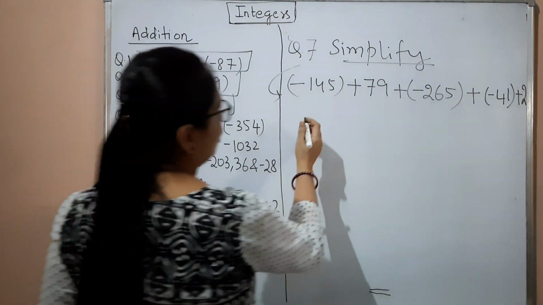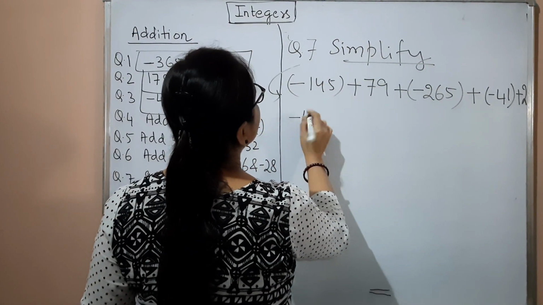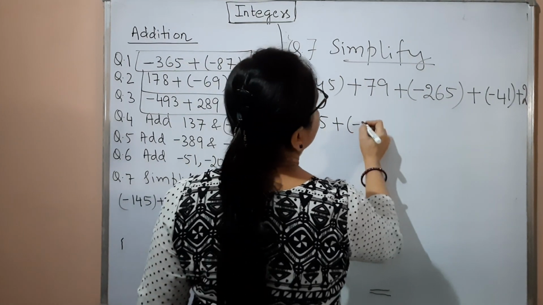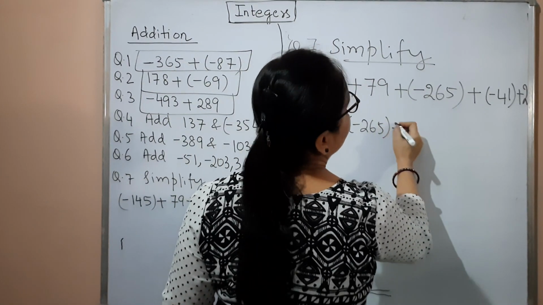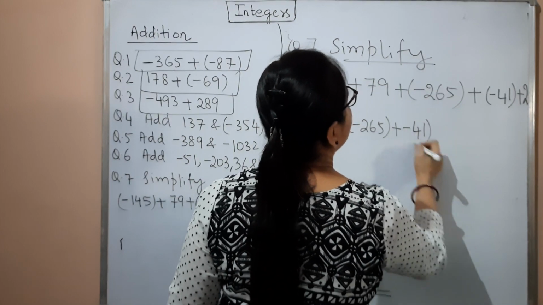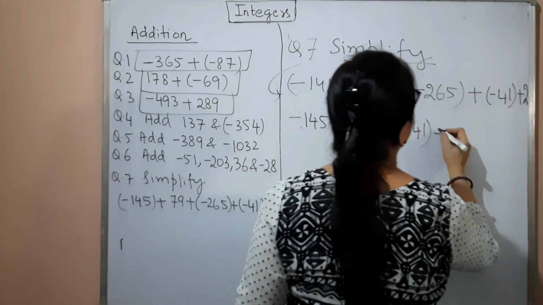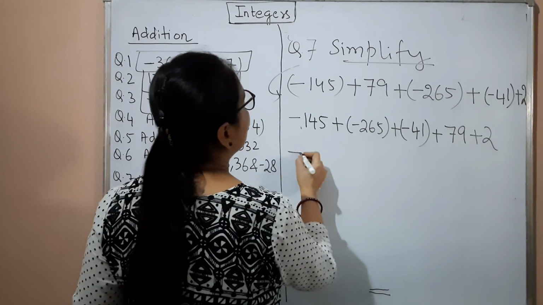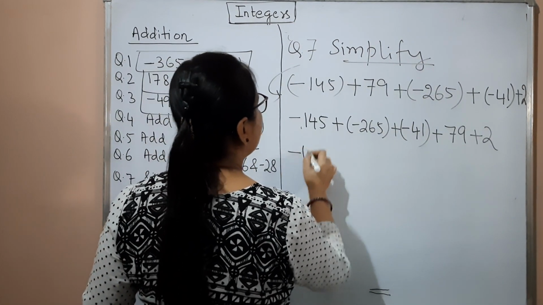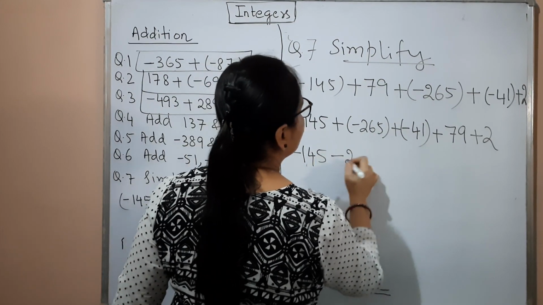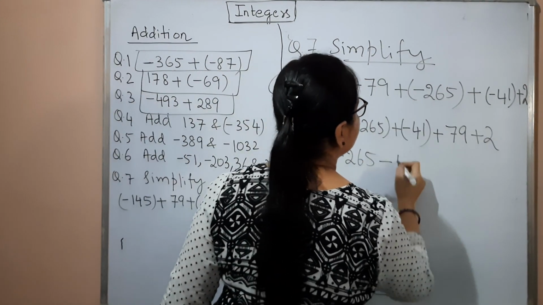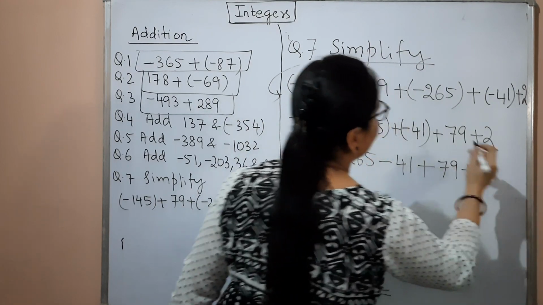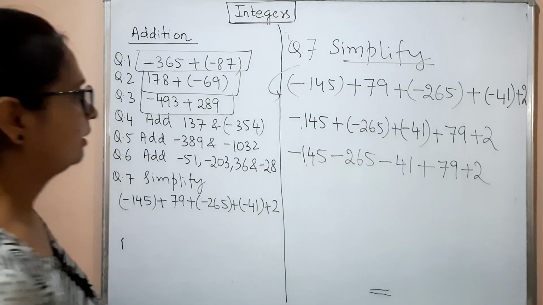Now here we already know we have to collect all the negative signs together. 265 plus minus 41, ये 3 negatives हैं और 2 positives हैं, right? So if you want, we can even write again and again. I am telling you, you become comfortable by understanding the two different ways of writing the same thing.